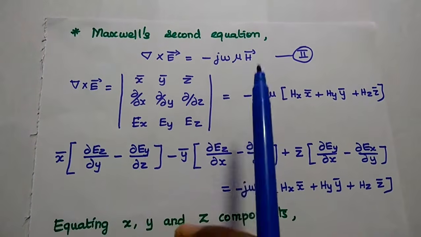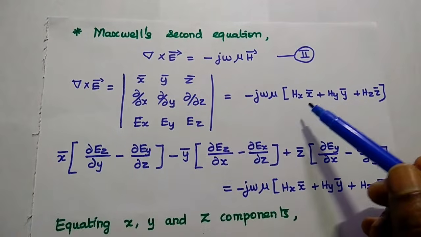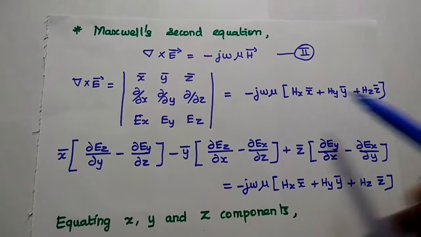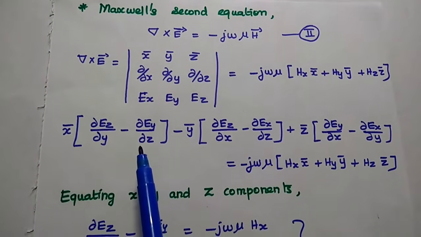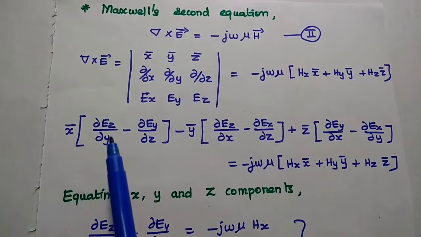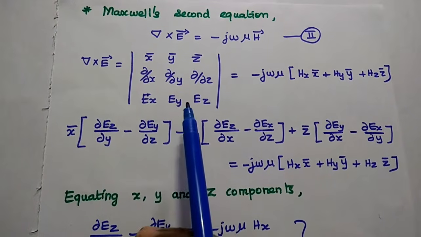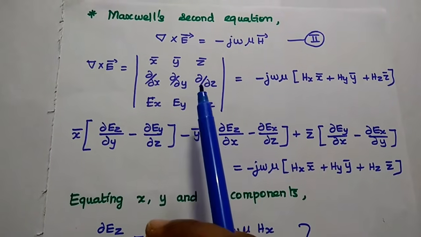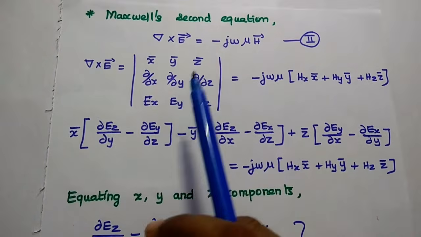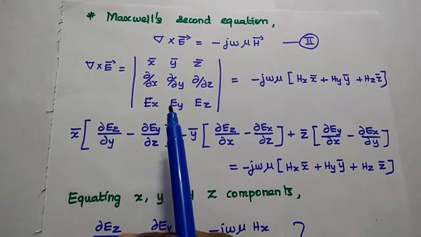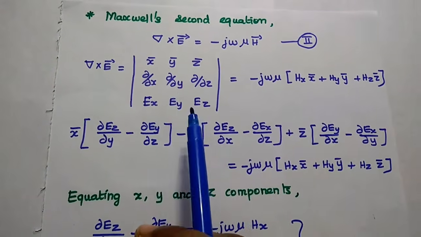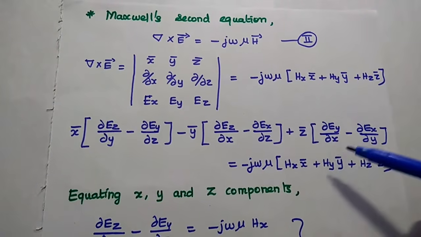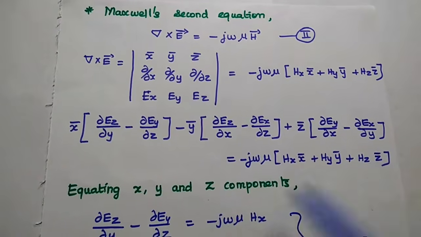On the right hand side we write the H vector as Hx x bar plus Hy y bar plus Hz z bar. Expanding the curl: x bar times dou Ez by dou y minus dou Ey by dou z, minus y bar times dou Ez by dou x minus dou Ex by dou z, plus z bar times dou Ey by dou x minus dou Ex by dou y, is equal to minus j omega mu times Hx x bar plus Hy y bar plus Hz z bar.